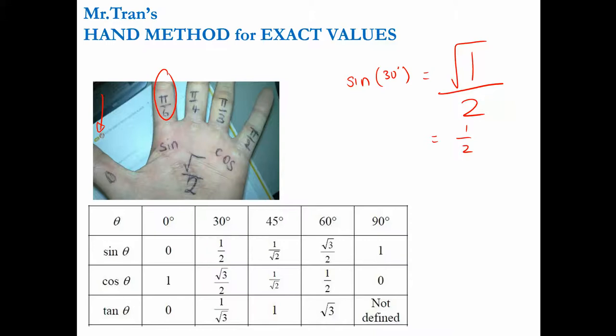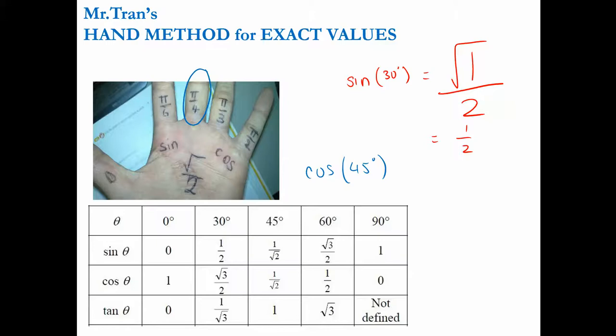If I were to do another one, let's do cos of 45 degrees. Same drill. You have to figure out which finger represents 45 degrees, and in this case it would be pi on 4. The middle finger comes down, so I drop my middle finger down.